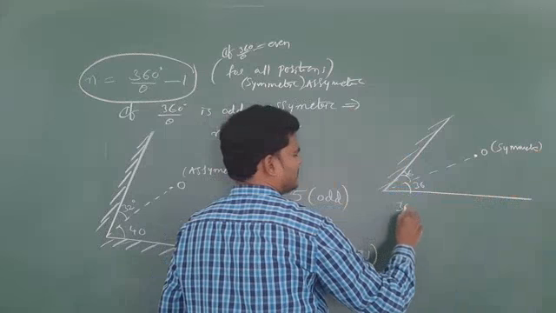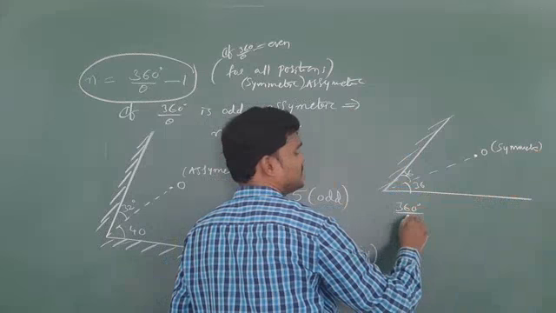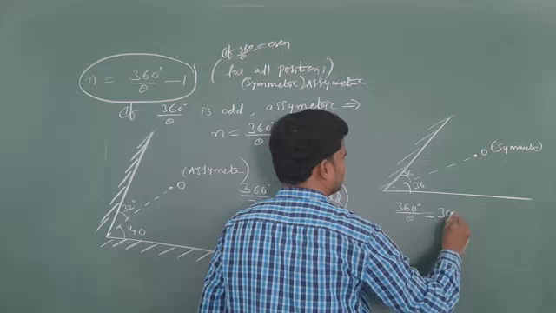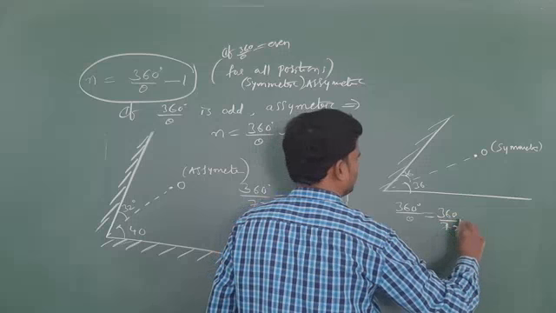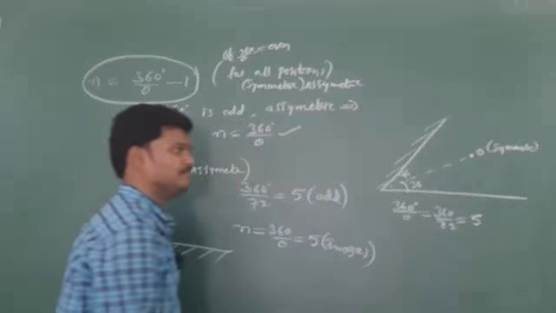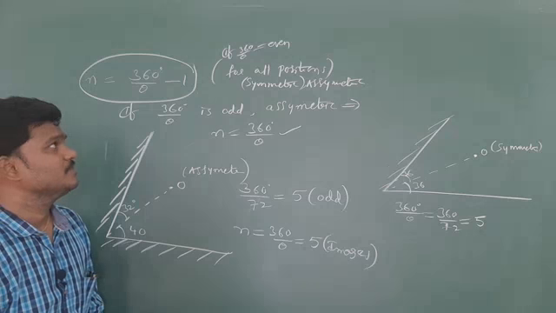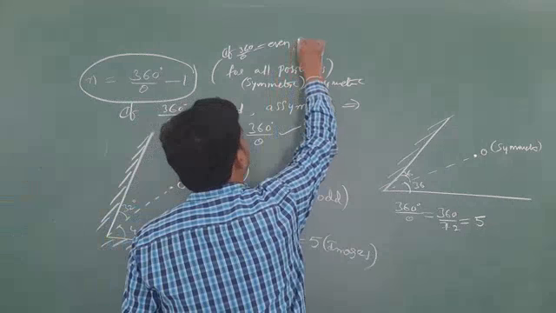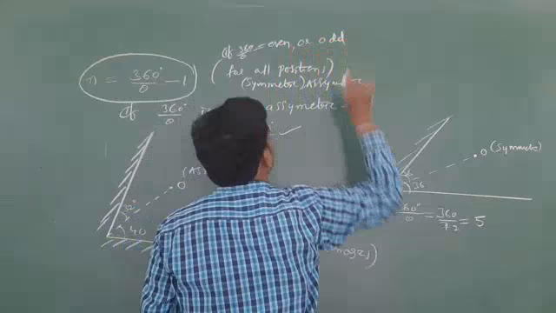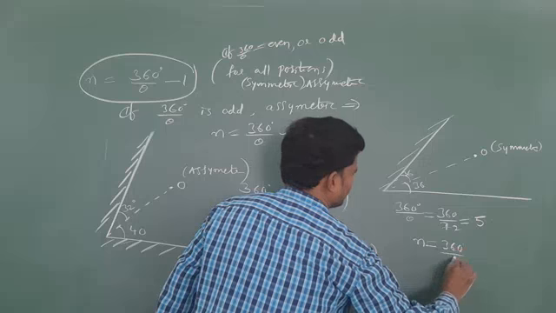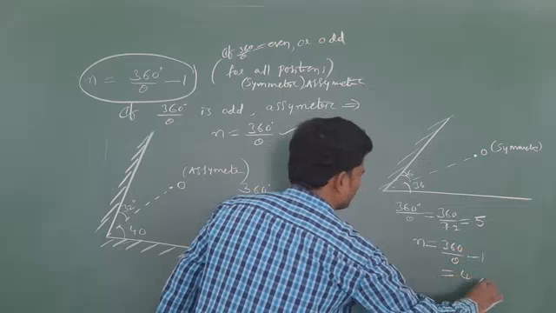Now verify whether 360 by theta is even or odd. 360 by 72 is equivalent to 5. 360 by theta is odd. Then what is the number of images here? 360 by theta minus 1, so the number of images is 4.